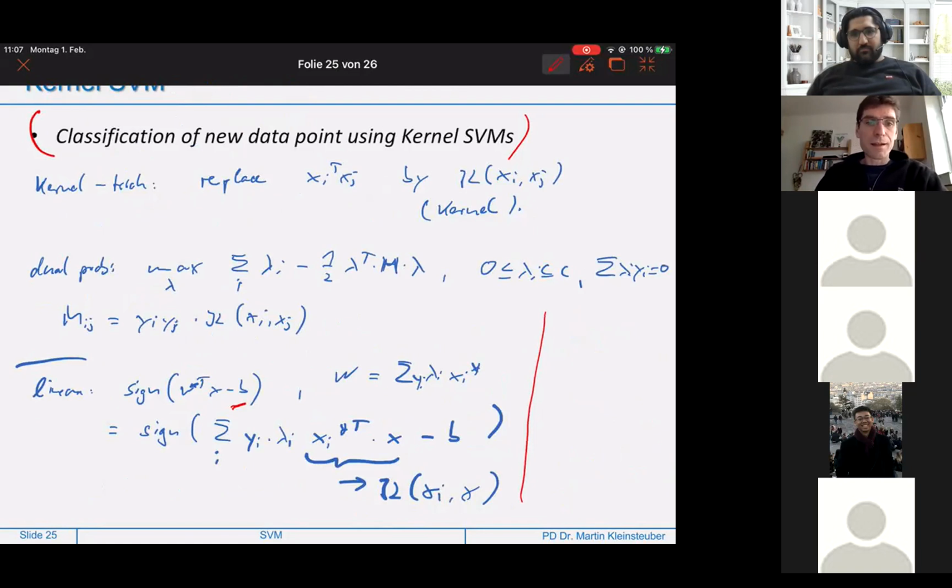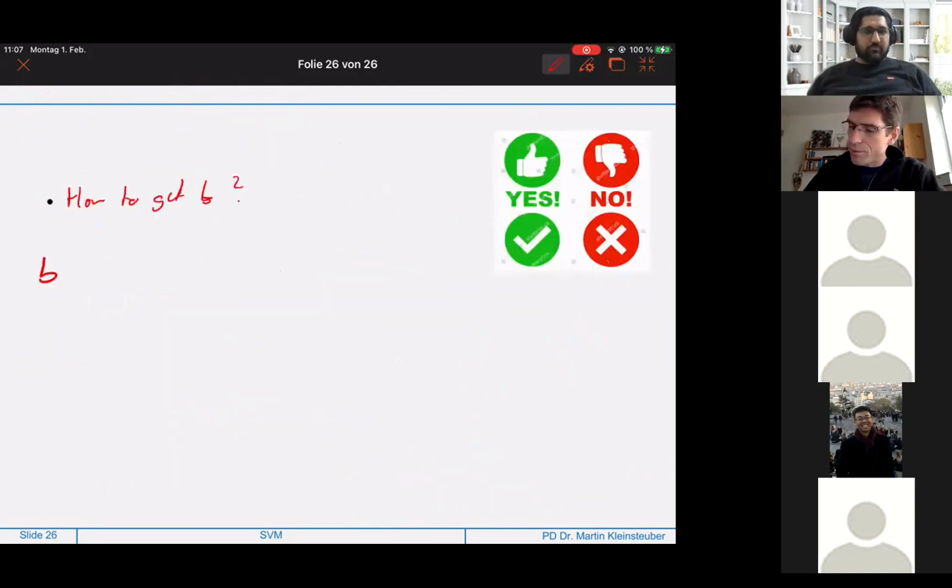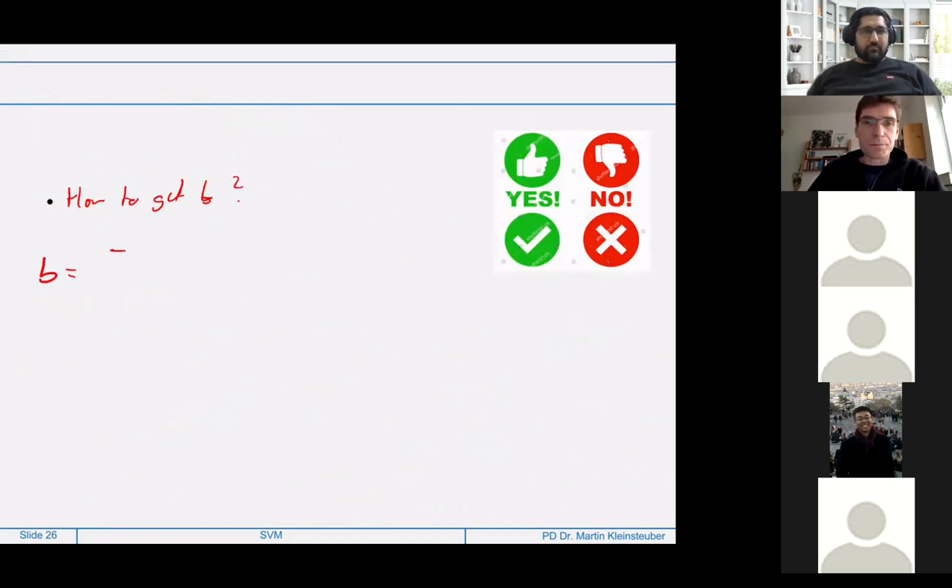The b is the same here: you sum up over all xi training data in the support, where our constraints are really valid, where the lambda is non-negative and the inequality constraints are actually equality constraints.